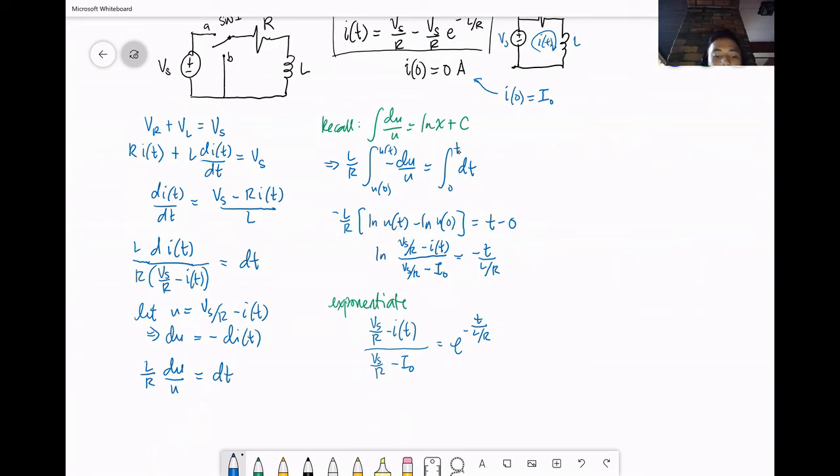So arranging, we have Vs over R minus I of t is equal to Vs over R minus I of 0 times e to the negative t over L over R. Then arranging that one, you will have I of t is equal to Vs over R minus the quantity Vs over R minus I of 0 times e to the negative t over L over R. Okay, so actually this is what we're looking for.